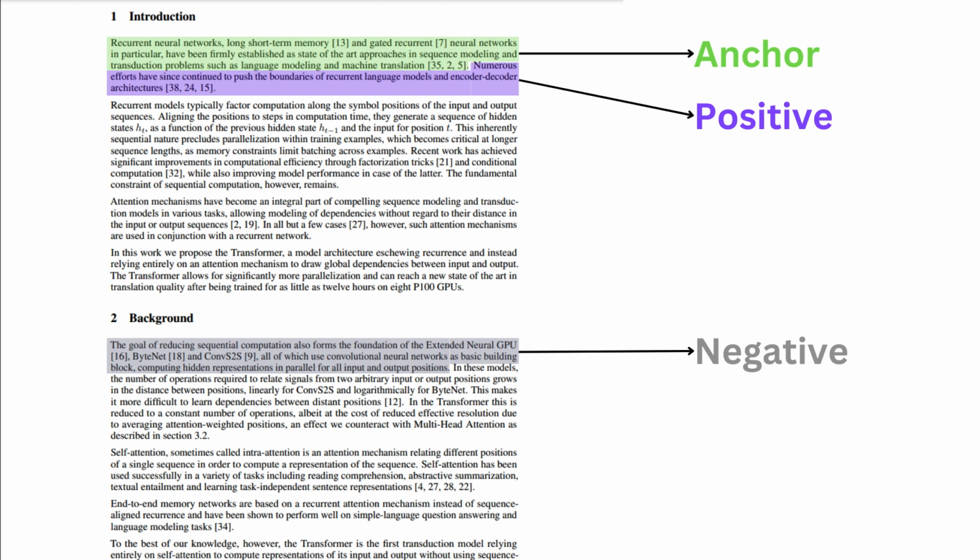Then your positive would be the sentence immediately following that. And then finally, you'd select your negative sentence, which would be a random sentence that is some distance away from your anchor. If you have a look at the example I have on screen, you can say the negative sentence is selected from the next section of the text.